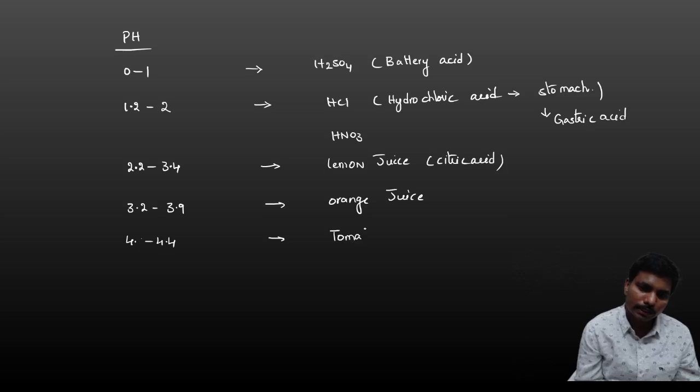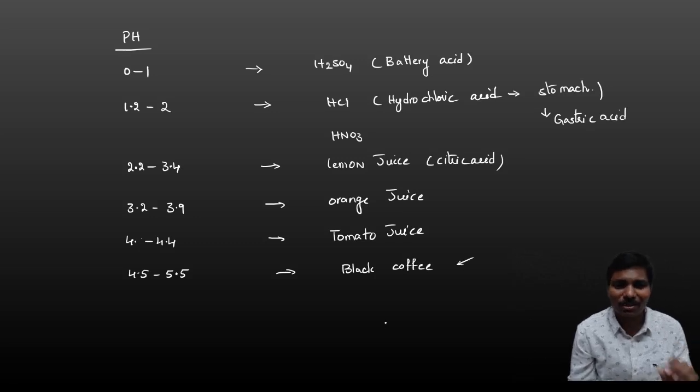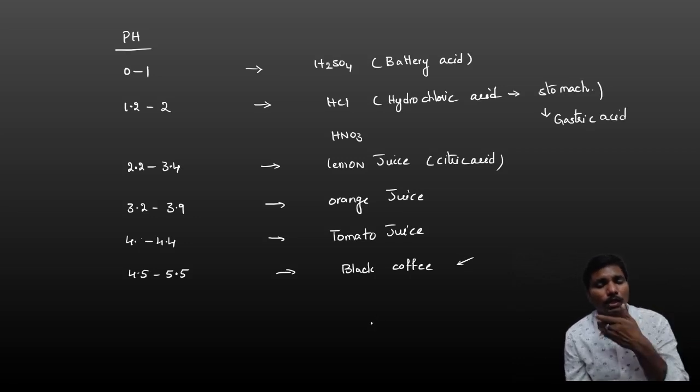In tomato we have oxalic acid. Okay, let us take coffee, 4.5 to 5.5. That means from this you can get the idea that coffee is acidic in nature. So don't suggest coffee to persons who have stomach problems, that is gastric problems or acidity problems.